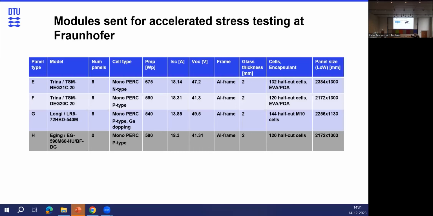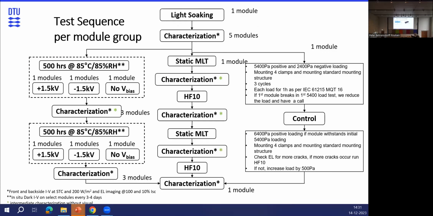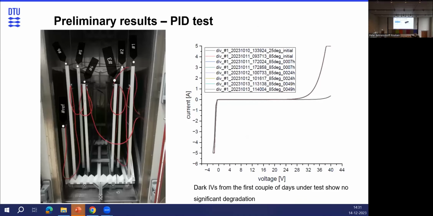And 3 of these were sent for chamber testing. Since we don't have a chamber here, we sent them to Fraunhofer for PID testing, damp heat testing, and mechanical load testing. I think the test is about to finish now. We have some intermediate results.